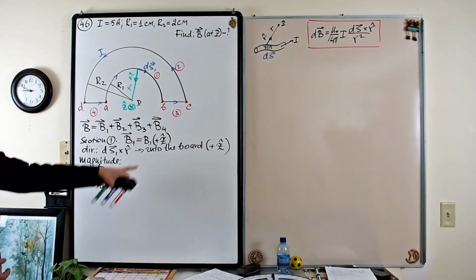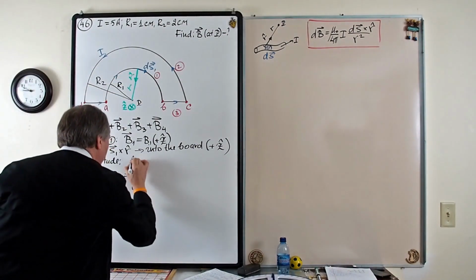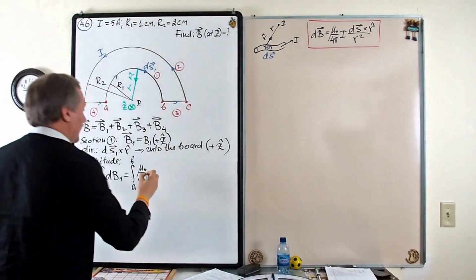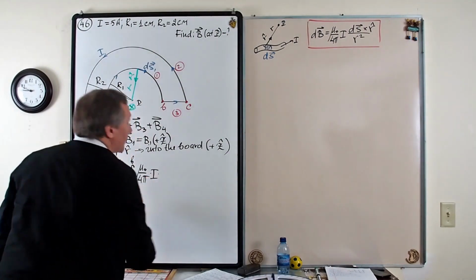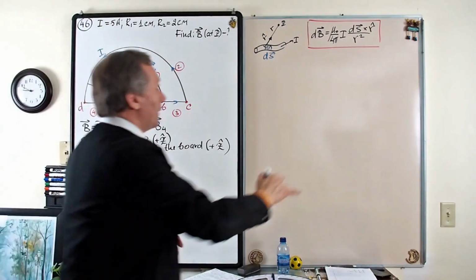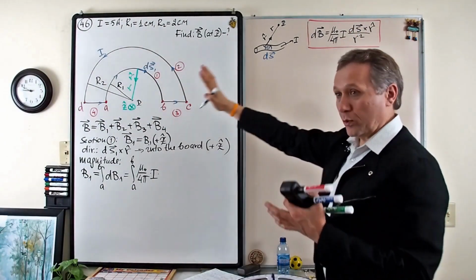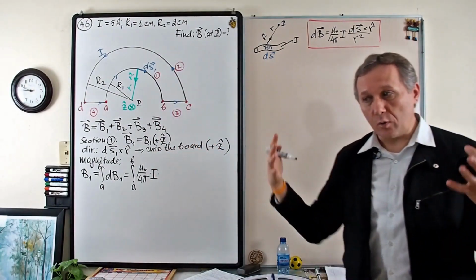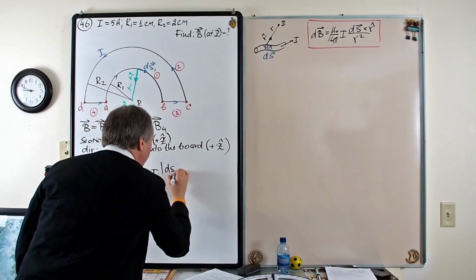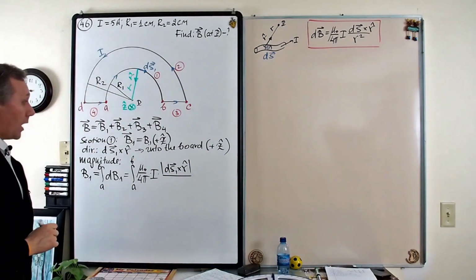Let's rewrite that formula: integral from A to B, mu naught over 4 pi, times I, then absolute value of ds1 cross r hat, divided by r squared. Because I know the direction, I'm now interested only in the magnitude, so I put the absolute value sign.